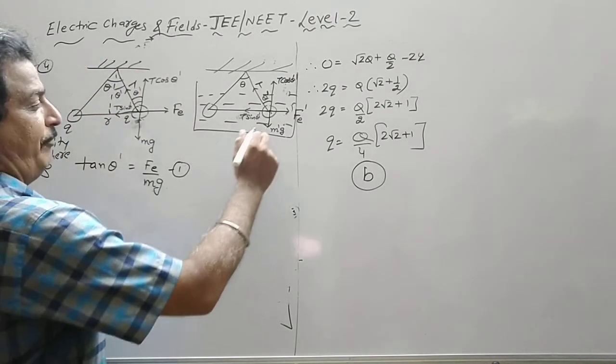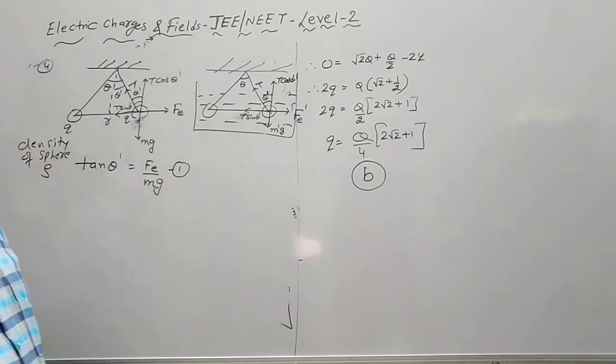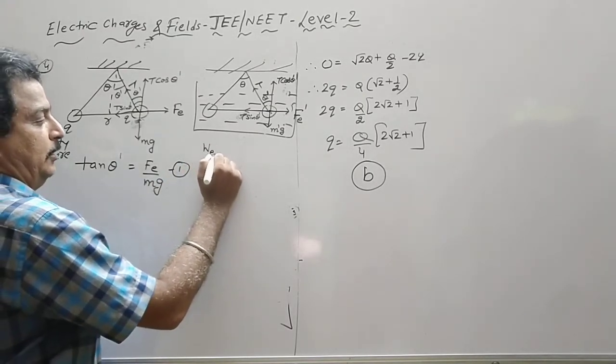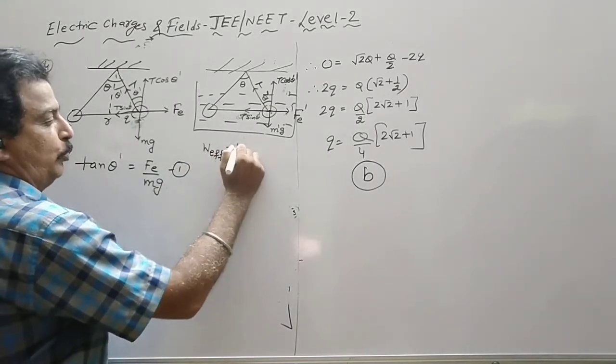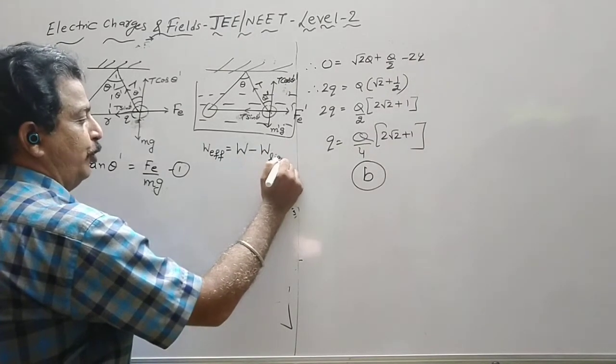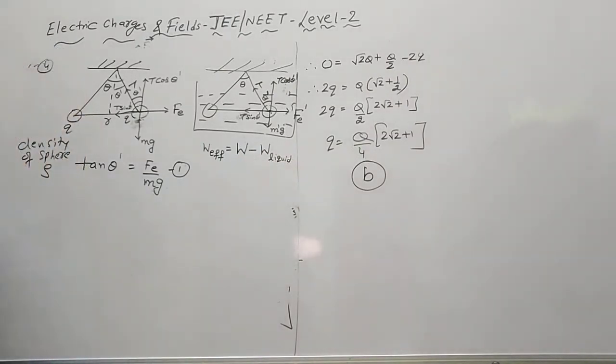Now the effective weight will be different. Effective weight is equal to original weight minus the weight of the fluid displaced.